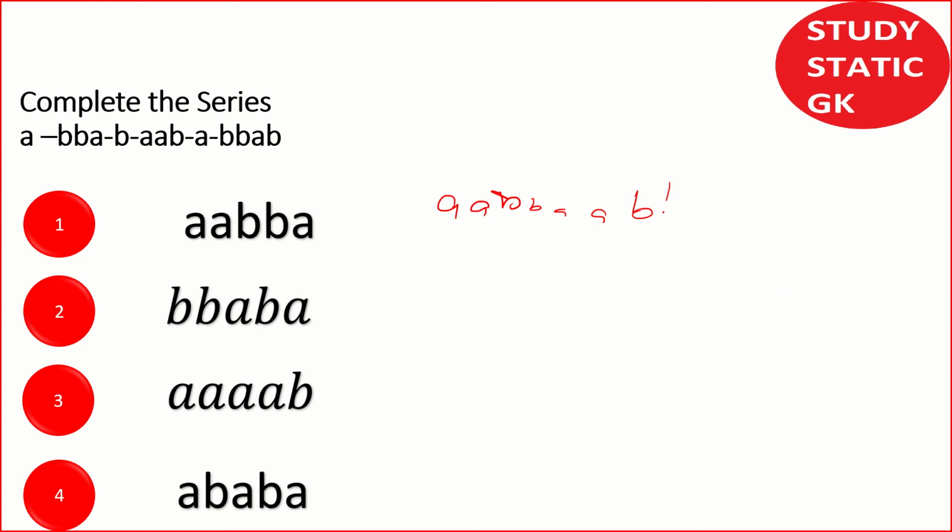Third one is B. AB. Fourth one is B, A. Fifth one is A and BB. So if you see here, AABB is coming.